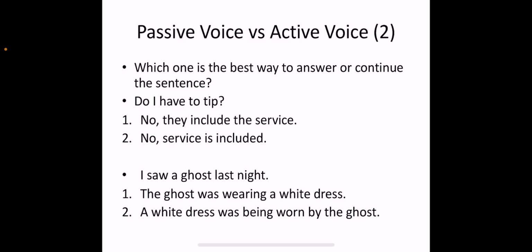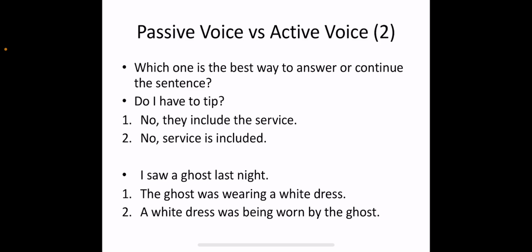I think the best way to continue that one is to continue with the idea that we have in the original sentence, or continue with something that the person is going to understand or have reference. What is the only reference that we have in the original? The ghost, right? So we should continue the sentence with the ghost because the person is going to understand immediately that we are continuing the sentence talking about the ghost.